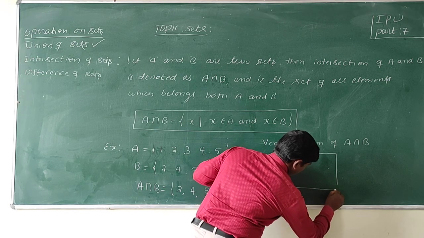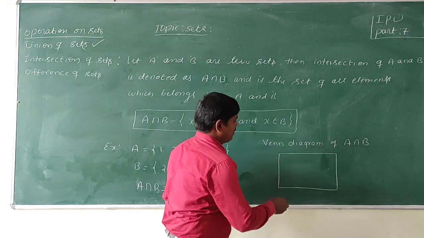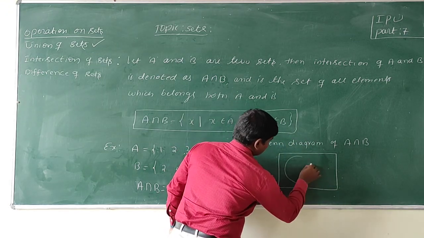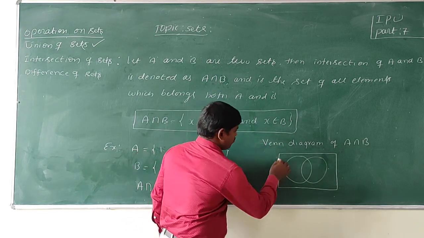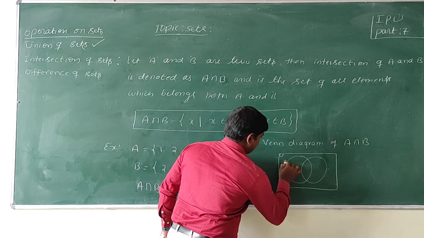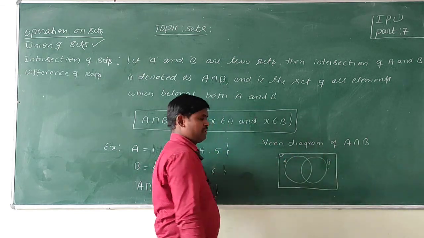So this is the universal set U, this is set A, and this is set B.